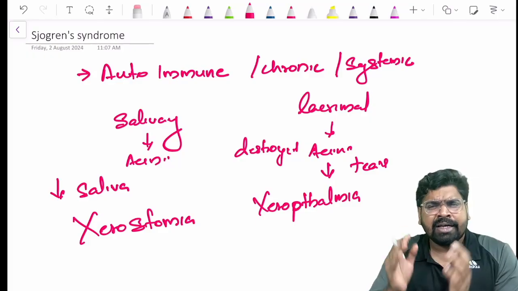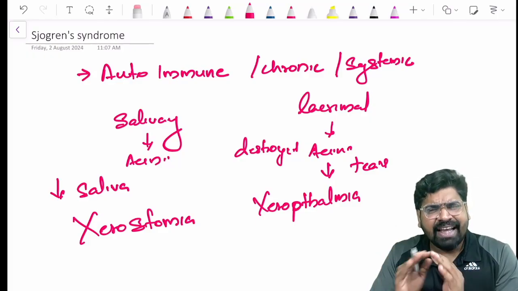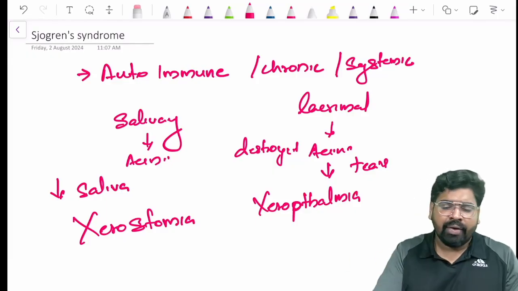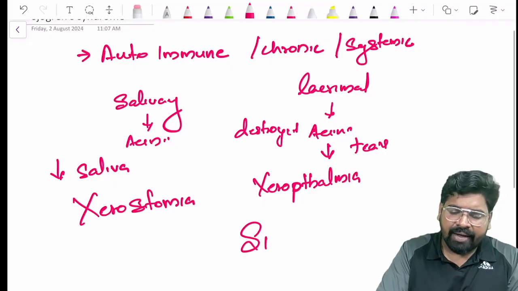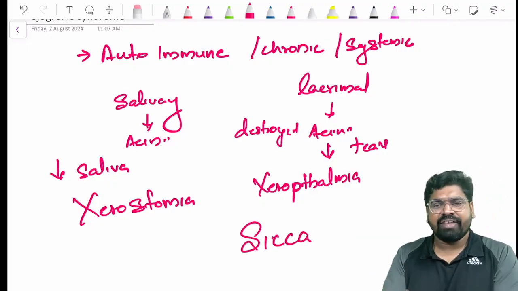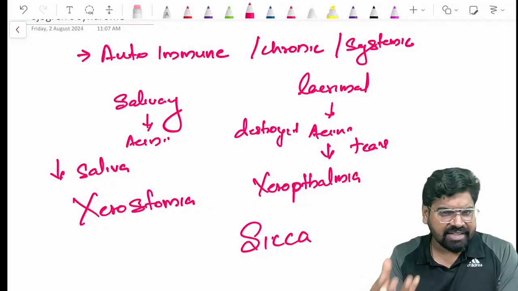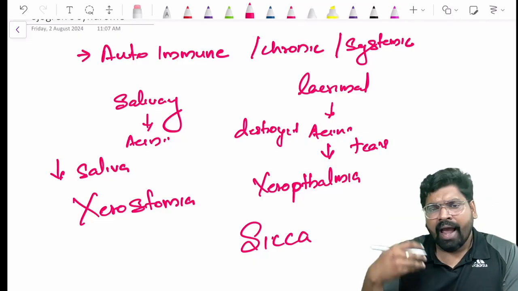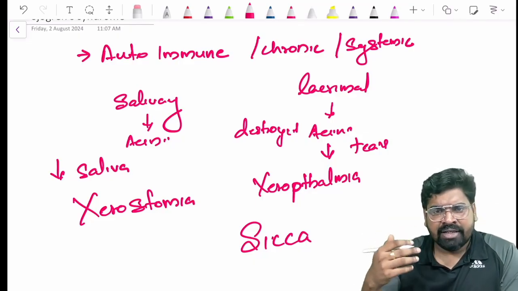With this much dryness, you will feel like there is sand in the oral cavity, dry sand. That is why we say it is sicca syndrome. Sicca is something related to dry sand. You will feel that much dryness in your oral cavity, and your eyes are like dry sand.